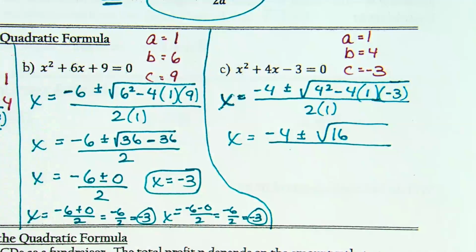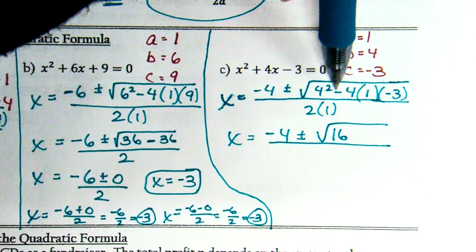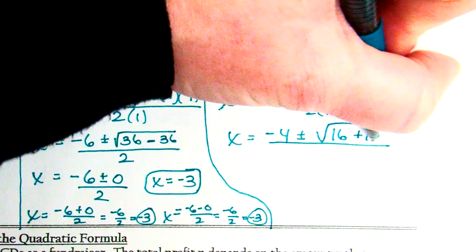Okay, so I see, my brain works as I see a 4 times 1 times 3. 4 times 1 times 3 is 12. Am I adding or subtracting 12? Because I see 2 minus or negative signs, I am adding 12. And it's all over 2.